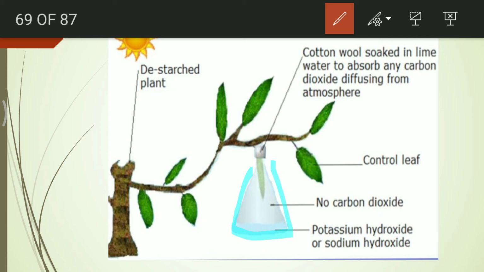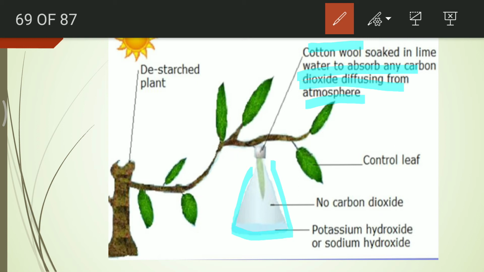And because there is a cork attached along with cotton wool, and this cotton wool is soaked in lime water to absorb any carbon dioxide diffusing from the atmosphere and trying to enter inside the flask, no carbon dioxide will be allowed to enter inside the flask. So the leaf is completely inside an area where there is no presence of carbon dioxide. We will be performing the experiment in this condition.